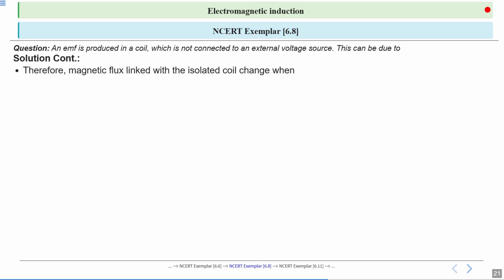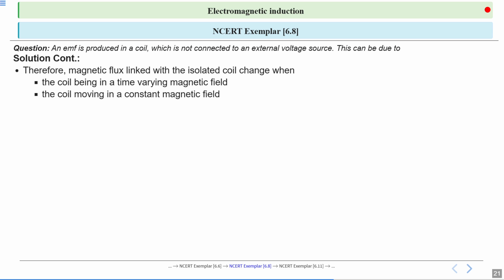Therefore the magnetic flux linked with an isolated coil changes when the coil is in a time varying magnetic field. The coil is stationary but the magnetic field is varying with time. Since the magnetic field through the coil is varying with time, even if the coil is stationary, the magnetic flux is changing through the coil, due to which EMF will be induced.